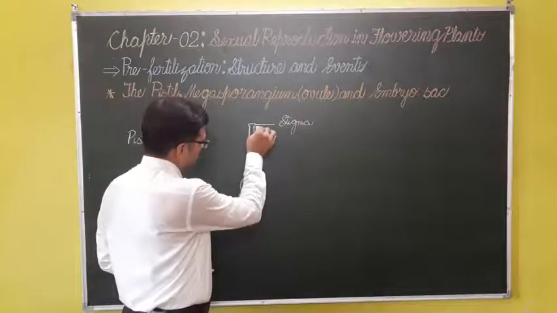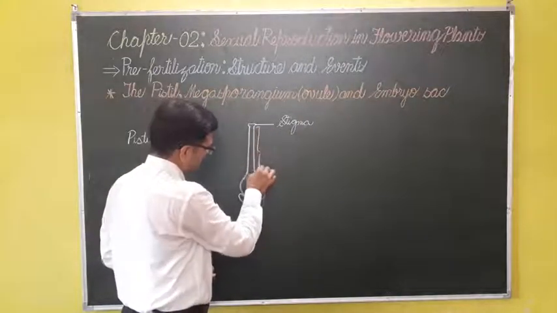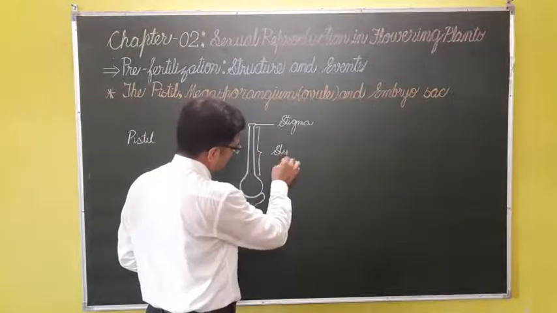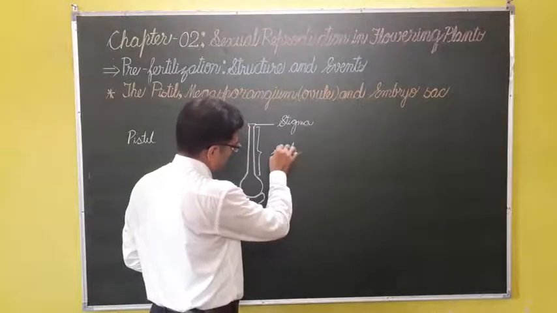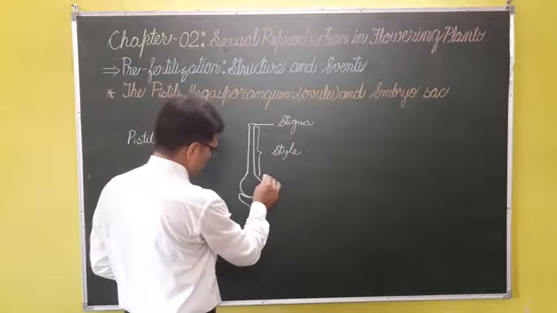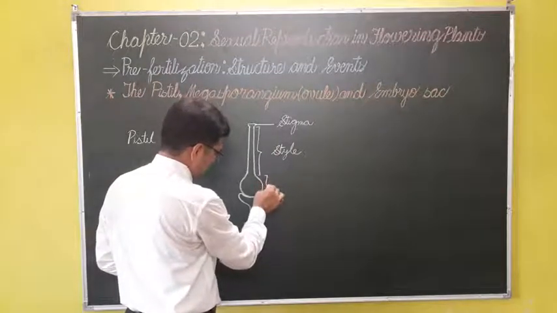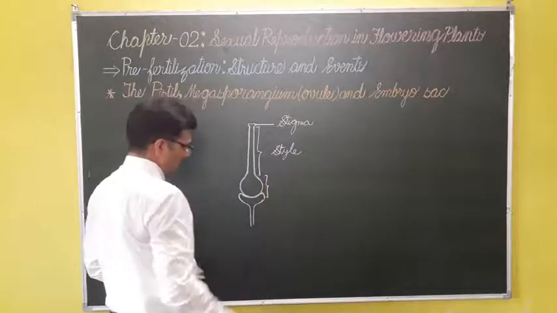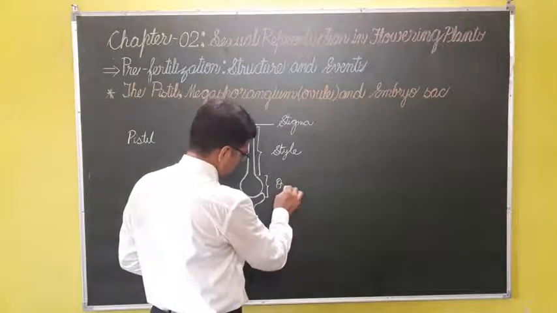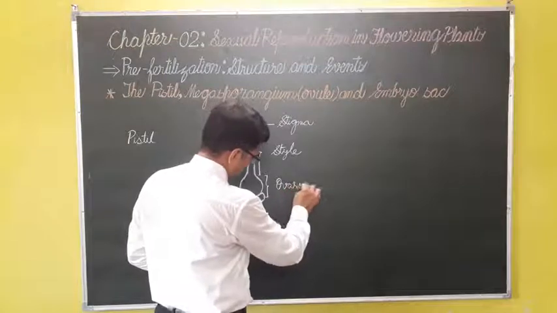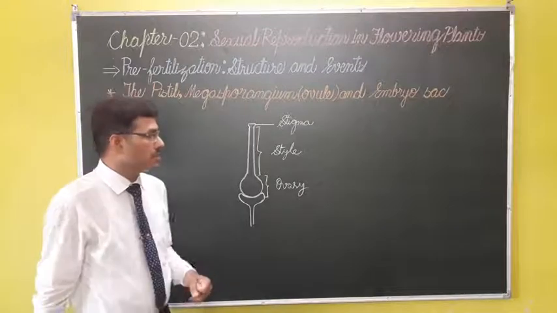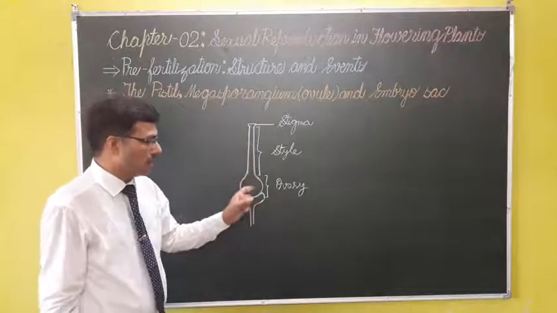Now this slender portion is called style. And this rounded portion at the base is called ovary. In this way, a pistil has three parts: stigma, style and ovary.